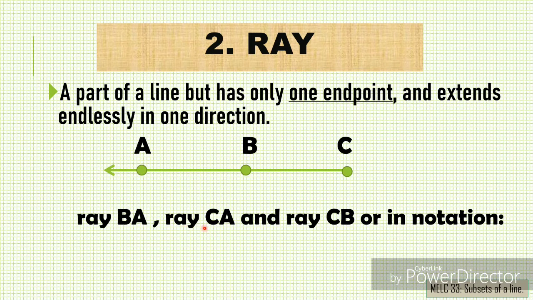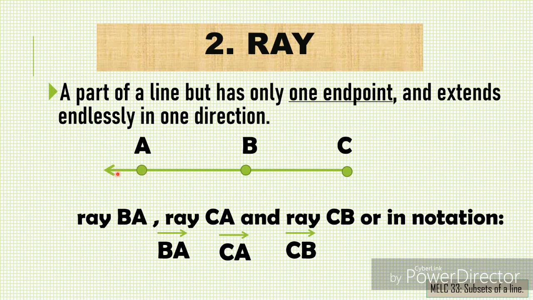Tapos ray CA from this endpoint to the portion na na-extend. Ray CB. So, ito ulit yung endpoint. Yung B part ay na-extend, di ba? So, in symbol, pagtatabihin nyo pa rin yung mga letters BA, CA, CB, pero same pa rin as the earlier example, nakaturo pa rin siya papuntang kanan.